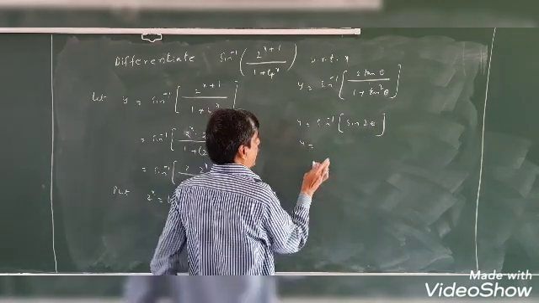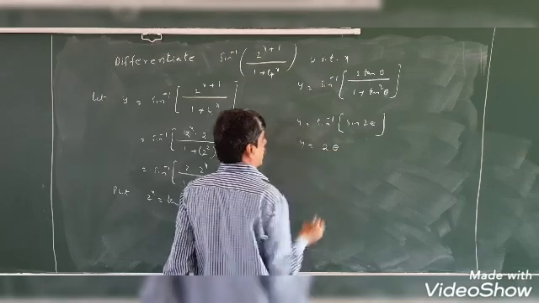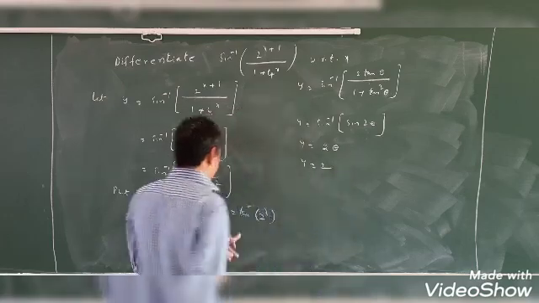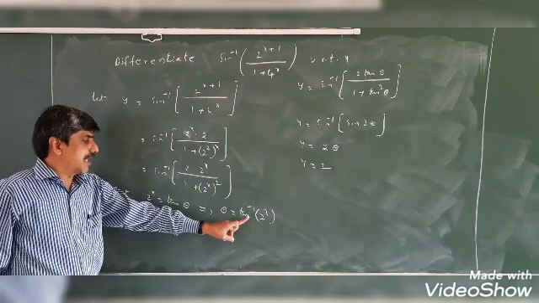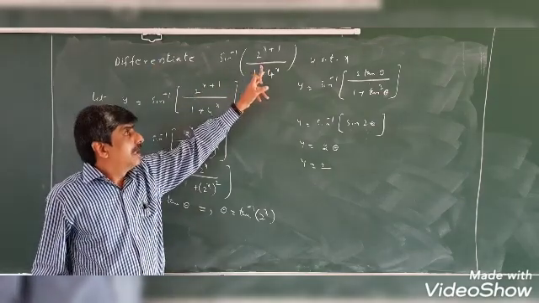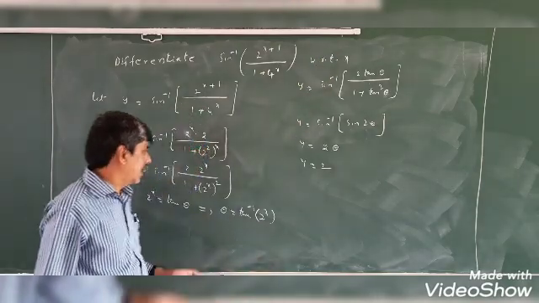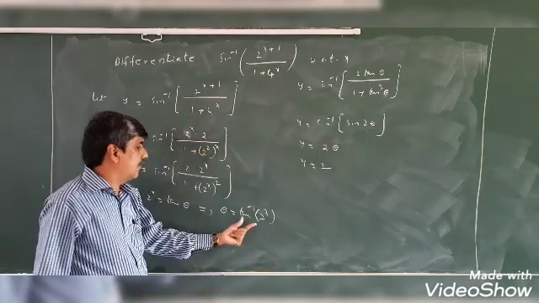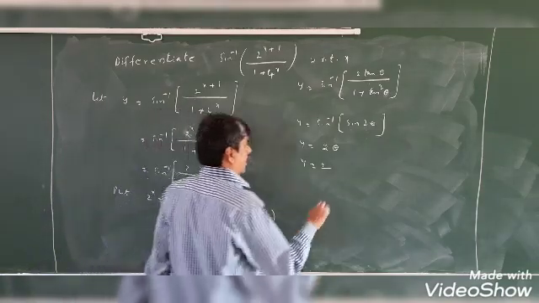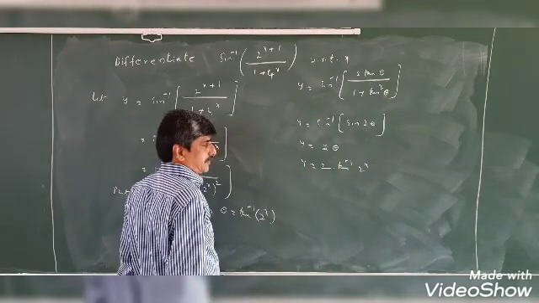So therefore y is equal to sin inverse of sin, both will eliminate. So y is equal to 2 theta. Say in terms of x, because the given function is a variable in x, we want to differentiate with respect to x. That's why we convert this theta into x variable. So theta is equal to tan inverse of 2 power x.